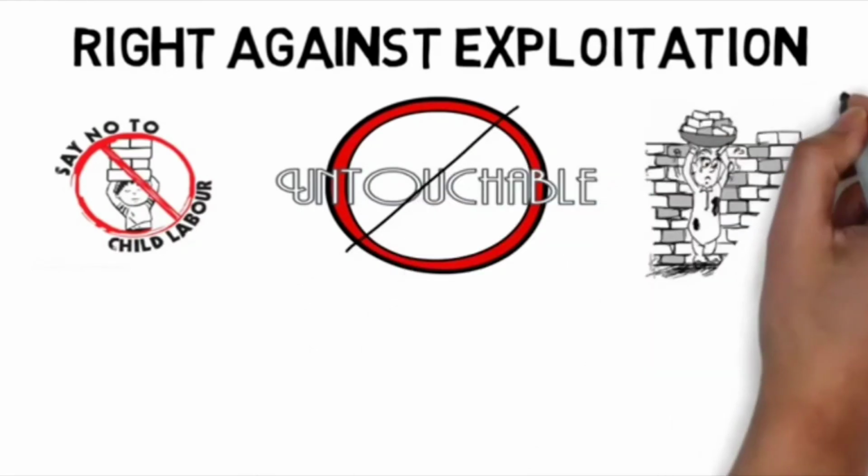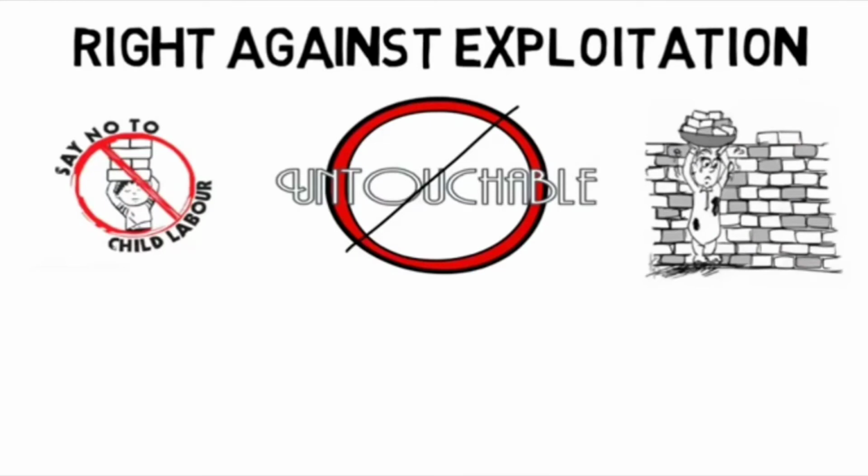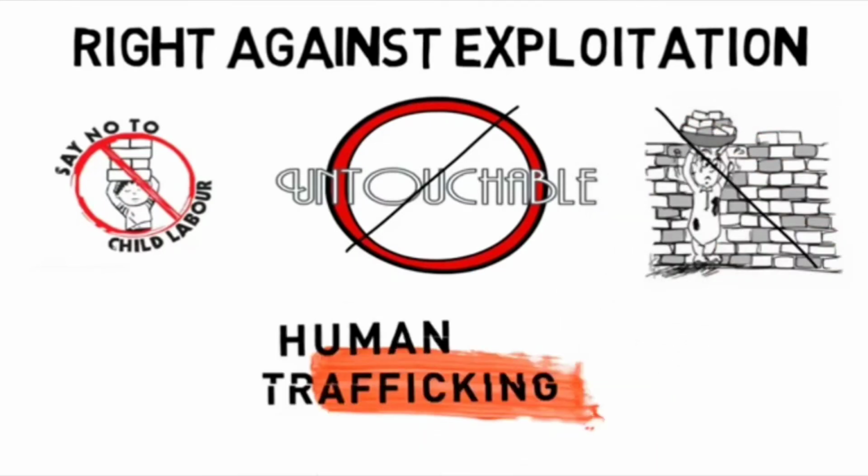We cannot force anyone to work for longer hours and work under unhealthy conditions. Buying and selling of children and adults is also prohibited under right against exploitation. Thus, this right protects the people from being exploited.